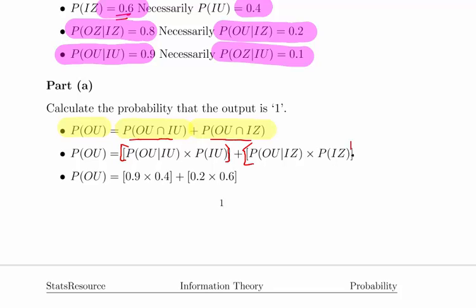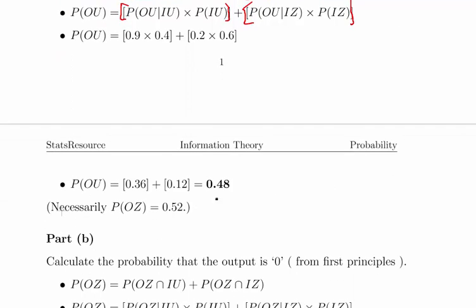So the probability of OU intersection IU is the probability of OU given IU times the probability of IU, and the probability of OU intersection IZ is the probability of OU given IZ times the probability of IZ. That is just restating the conditional probability formula and rearranging it accordingly. So when we work out those values, we get 0.9 times 0.4 plus 0.2 times 0.6, and that works out to be 0.36 plus 0.12, 0.48.